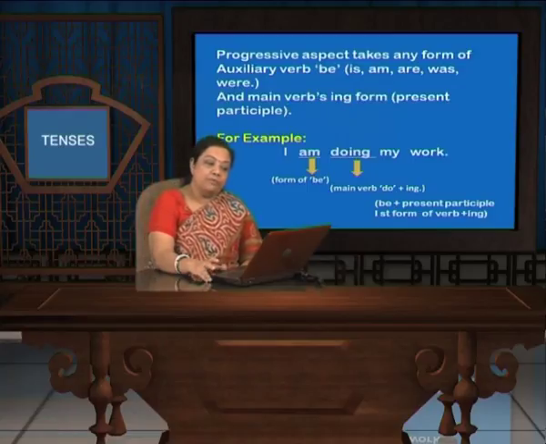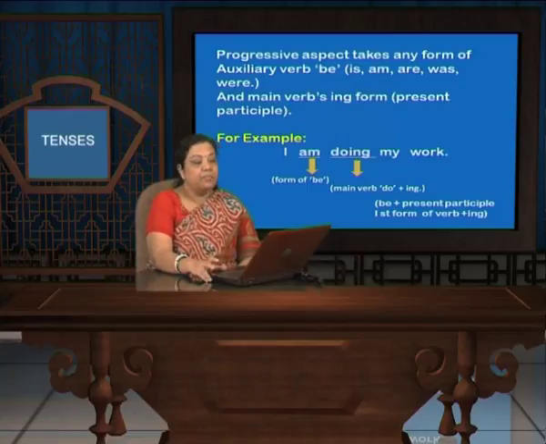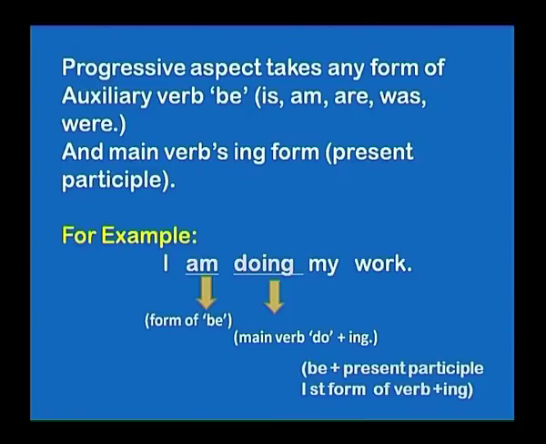When we are talking of progressive aspect, it is important to note that it uses any form of the auxiliary verb be, that is, am, are, was, were, and also the main verb. When we add these, the main verb takes the ing form, that is the present participle. Look at this example, I am doing my work.